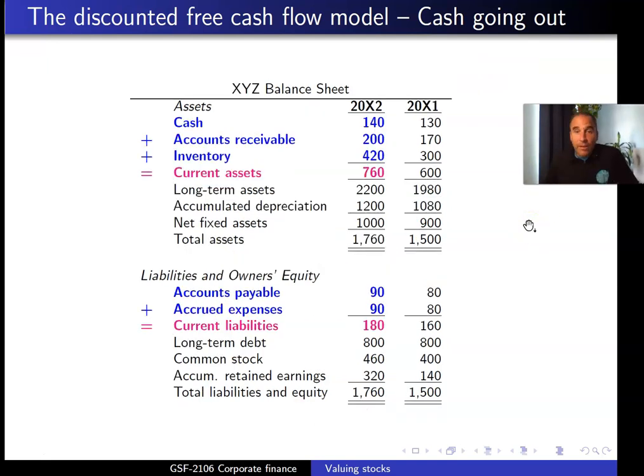So on the balance sheet, we have current assets and current liabilities. The current assets is the sum of all short-term assets, so assets that have an expected life of 1 year or less. And current liabilities is the sum of all liabilities that have a maturity of 1 year or less.